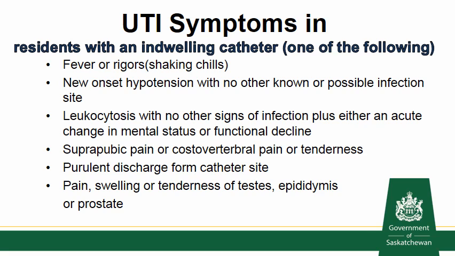New onset hypotension with no other known or possible infection site. Leukocytosis, which is again the blood test, with no other infection site and either an acute change in mental status or an acute functional decline, purulent discharge from the catheter site, pain, swelling, or tenderness of the testes, epididymis, or prostate.